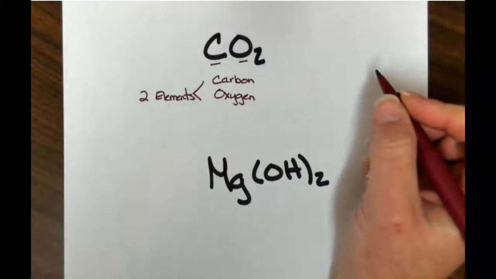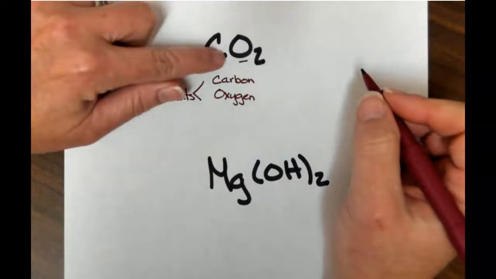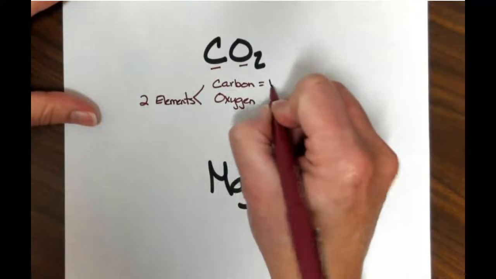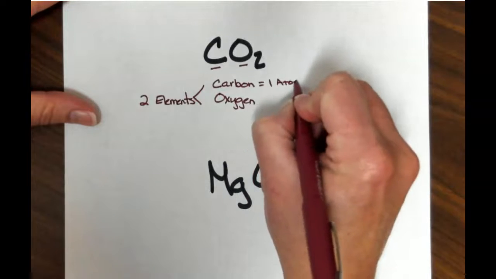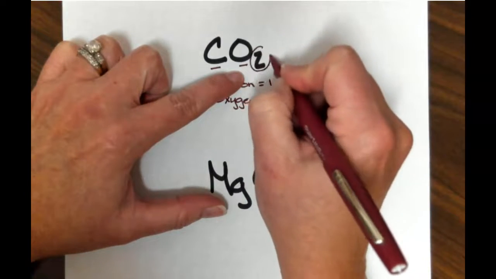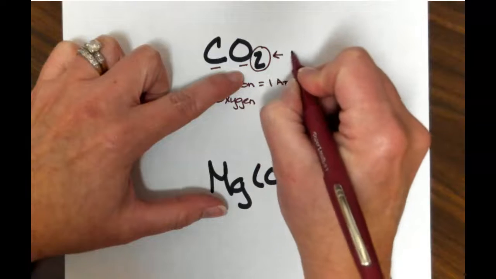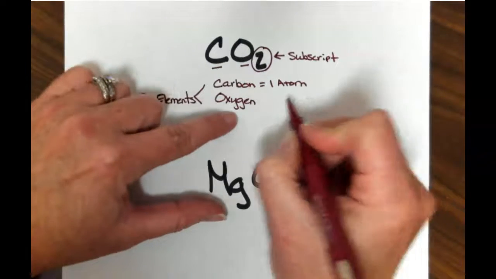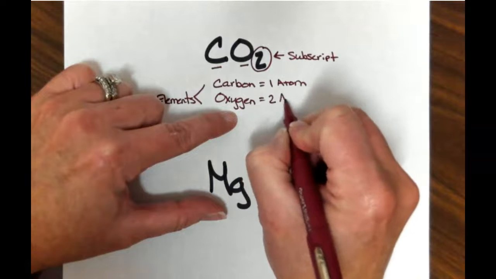Now, to count the atoms of each one, I look first to see if there's a subscript. For the C, there is no subscript, so that would be 1 atom. For the oxygen, we do have a subscript of 2. Remember, the subscript tells me the number of atoms. So for oxygen, I have 2 atoms.